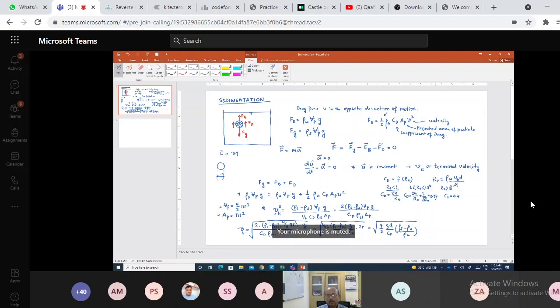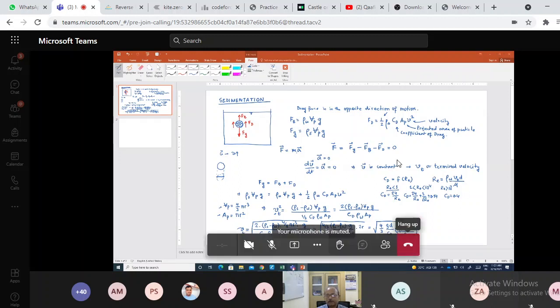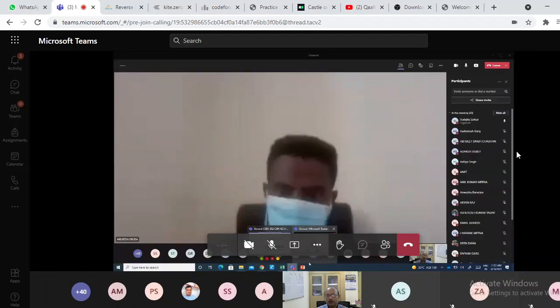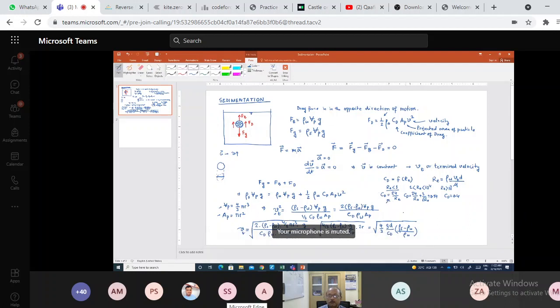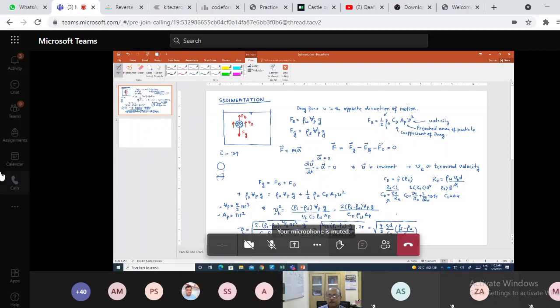Yes. Now, when we have these values of Cd here, then of course we can bring in other values. So let us see what happens in the laminar zone. So we can see this is our equation. So what happens in the laminar zone?